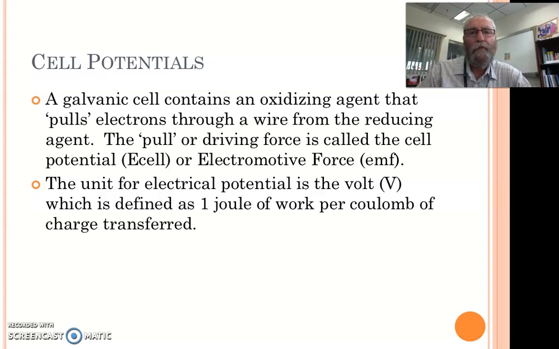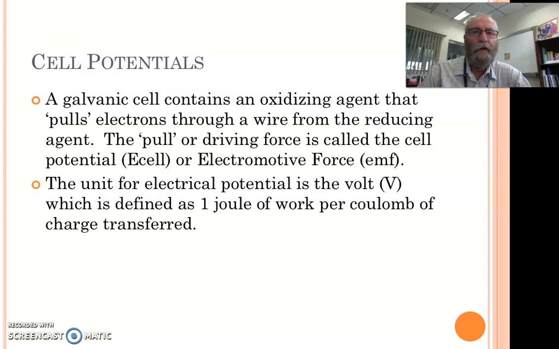The height of the waterfall is the potential difference, which is the voltage. It doesn't matter how much water flows across that waterfall, it will still have a certain amount of potential energy that's released. So it may be just a trickle, it may be a Niagara Falls, but the point is that the height is the voltage, the electromotive force.